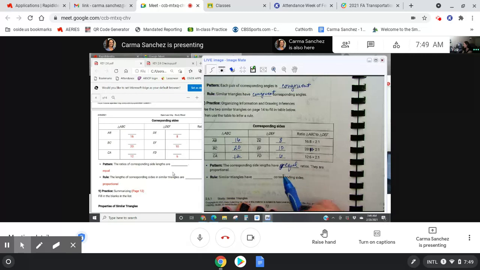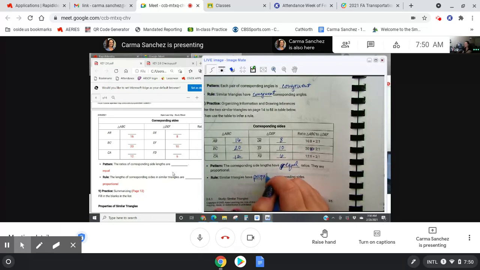The lengths of corresponding sides of similar triangles are proportional. And so right here, similar triangles have proportional corresponding sides. It looks like this has changed since our book last year. So proportional corresponding sides.